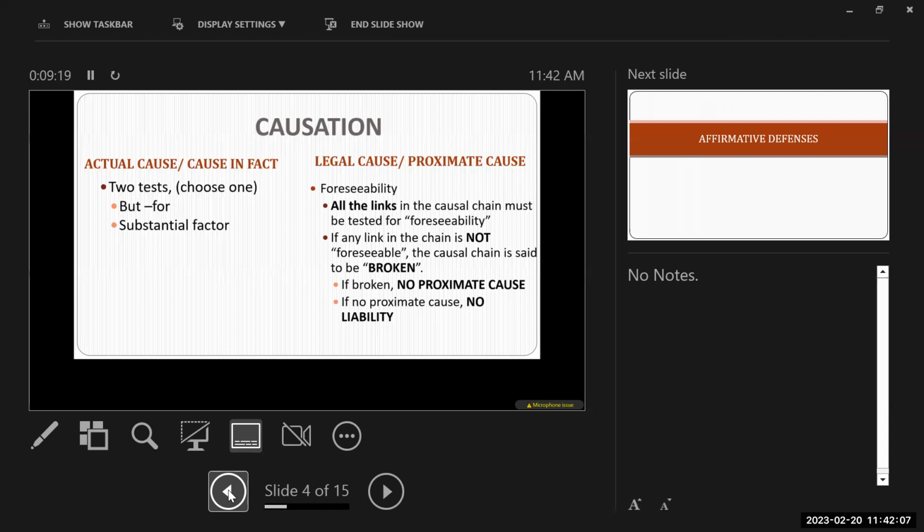What you have to do is look at what steps were taken from my breach to the injury, identify them, and ask the question, if this happens, is it foreseeable that there's going to be an injury?